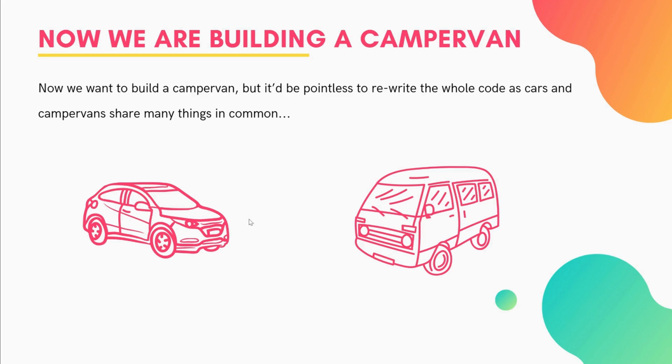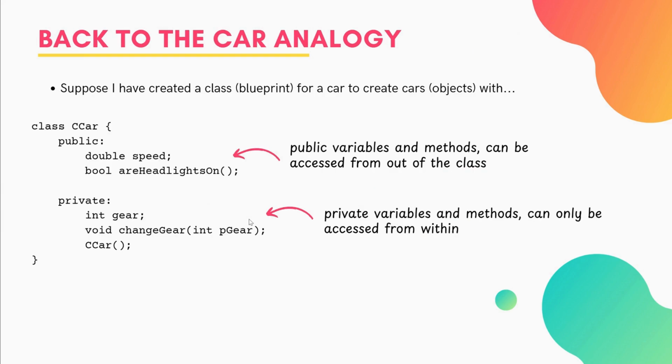And now we've written that car. It's got variables that we can use, it's got functions that we can use, it's got a constructor function here. This is our car, and this is a blueprint. And we could create car objects if we wanted to.